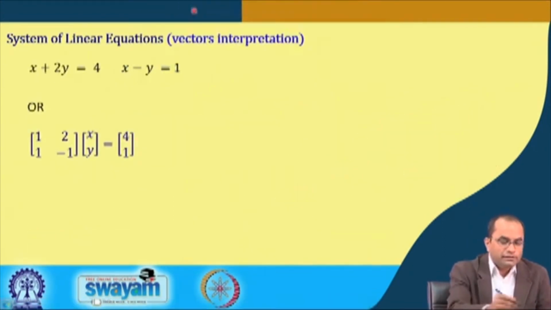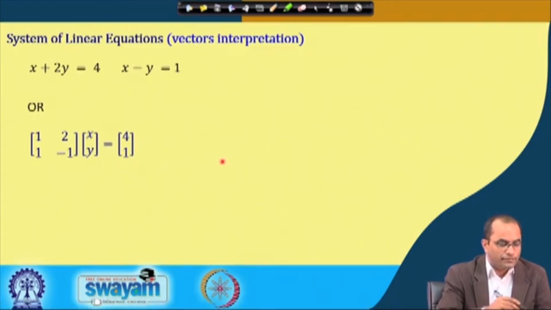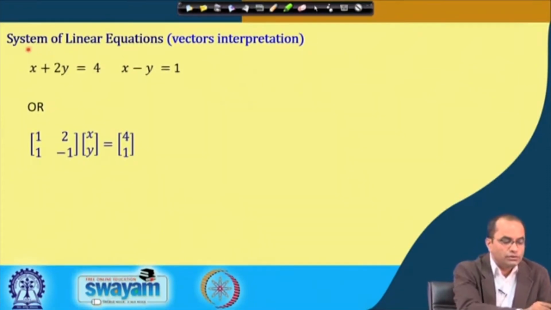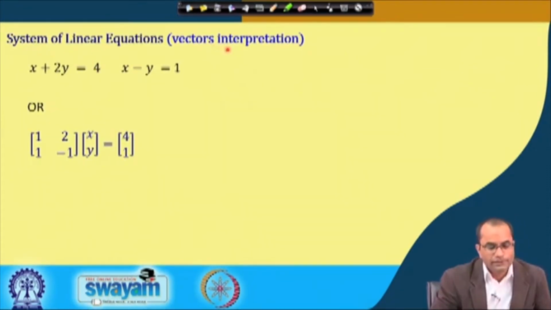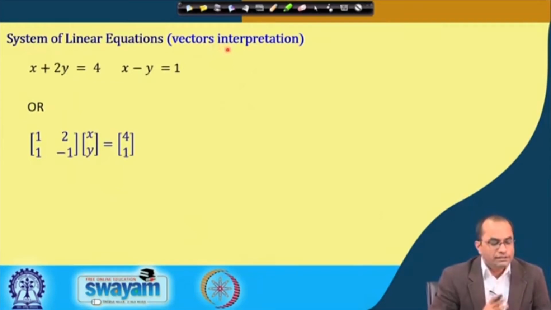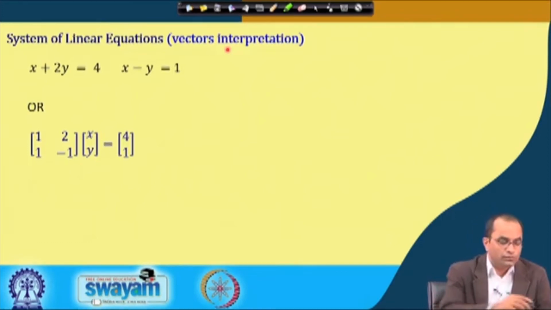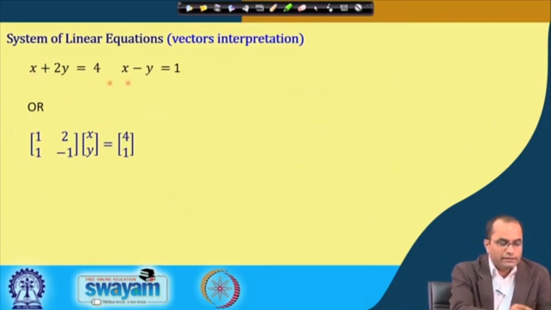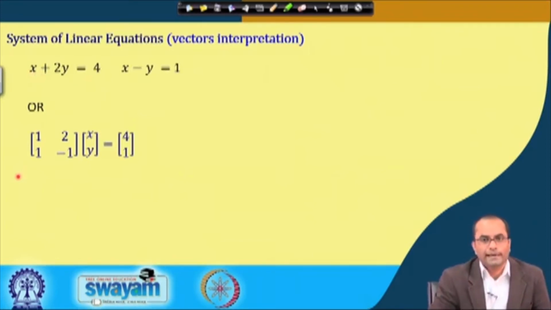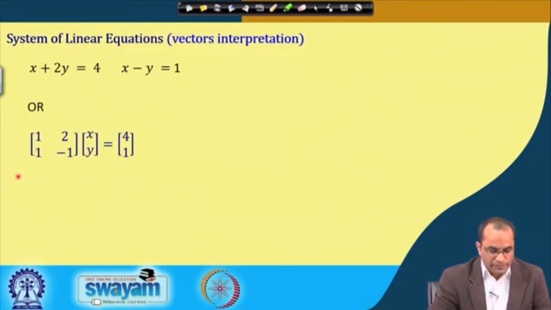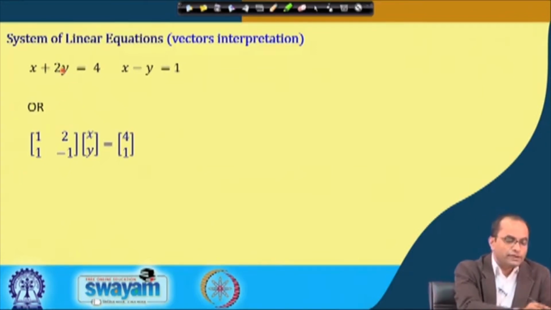We will now look for one more interpretation of the same equations in terms of vectors. We have seen that we had these two equations, which we have also written in the form of a matrix vector multiplication, but there is another way of writing them.